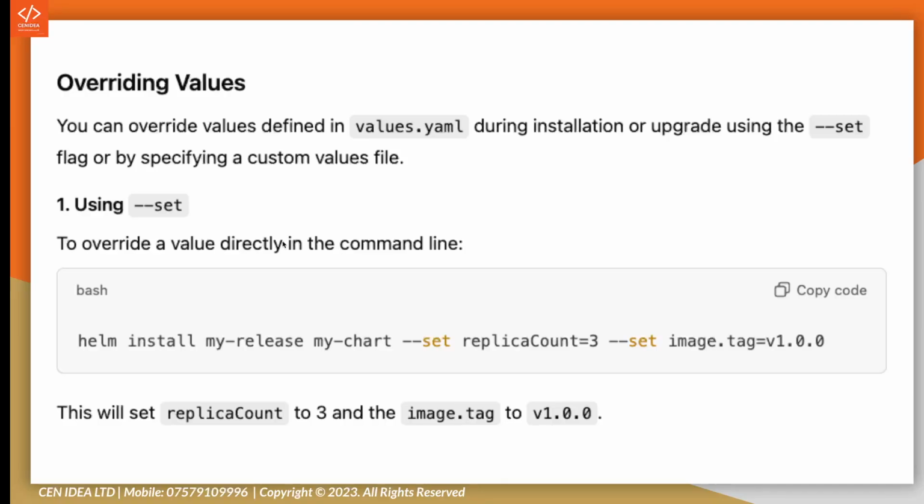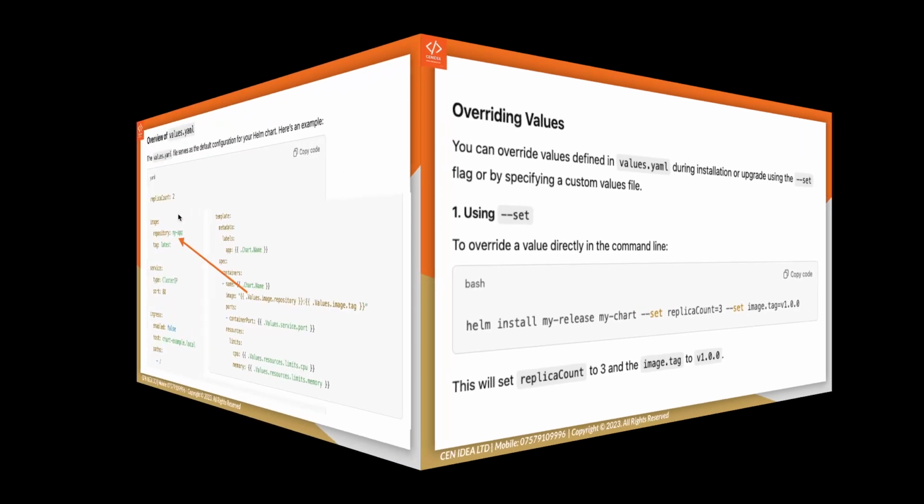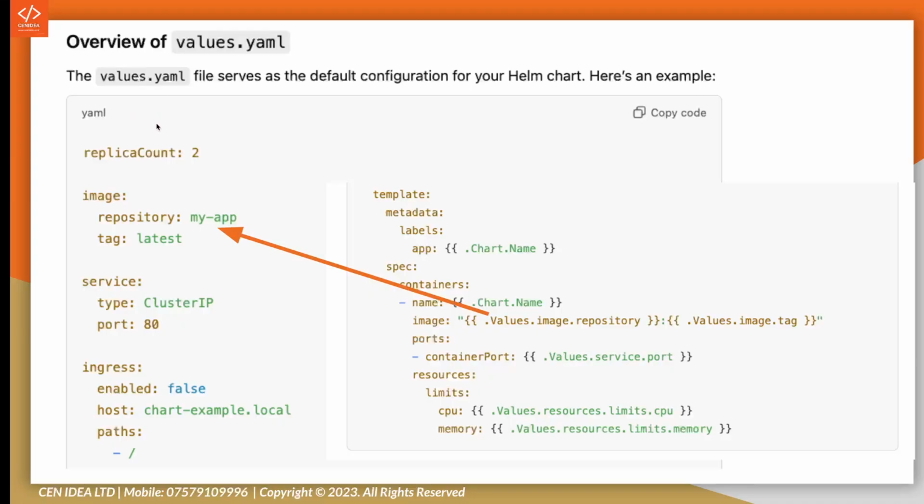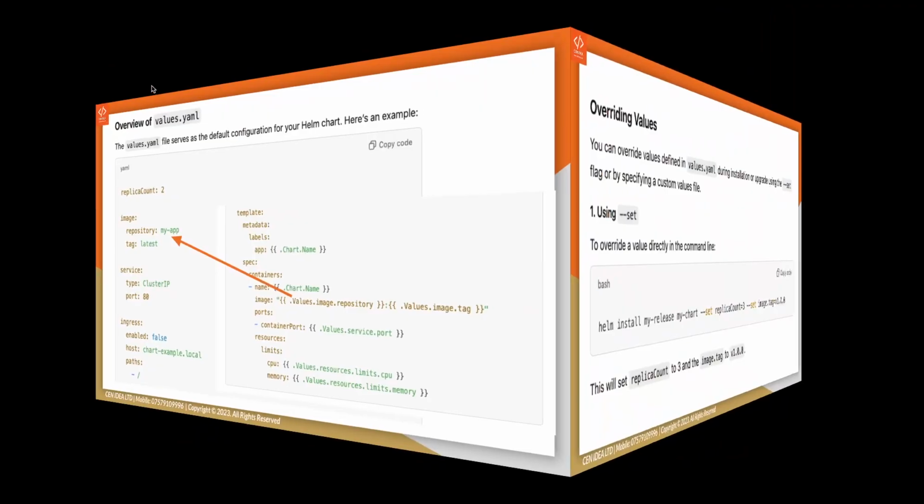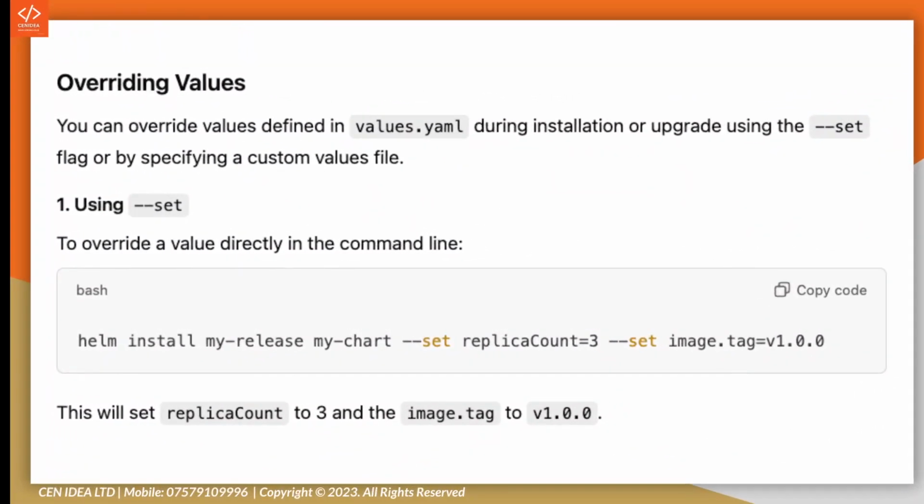At the minute you have got your default values, all the key-value pairs that are defined within this values.yaml are called default values. But at runtime, when you want to install this Helm chart, you can use a flag called --set to specify or override them.